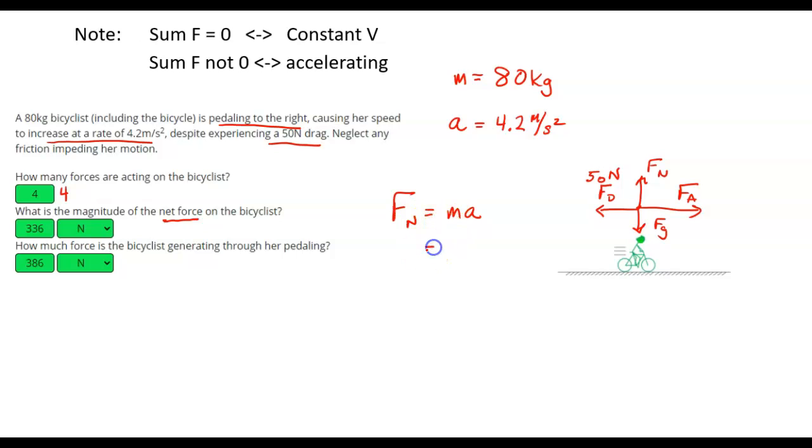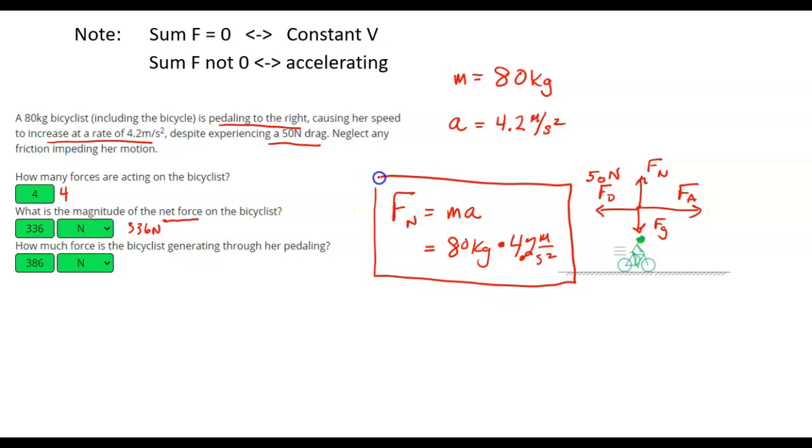Our mass of the bicyclist is 80 kilograms, and our acceleration is given to us as 4.2 meters per second squared. So 80 times 4.2, put that into our calculator, and we get 336 newtons. Pretty simple calculation here: F net equals ma. They gave us the mass and the acceleration, so it was simple to calculate the net force of 336 newtons.